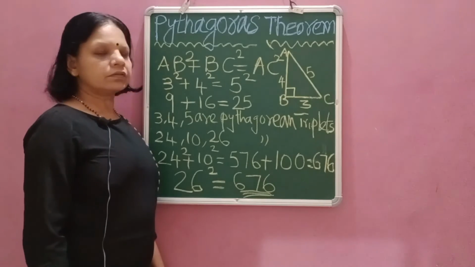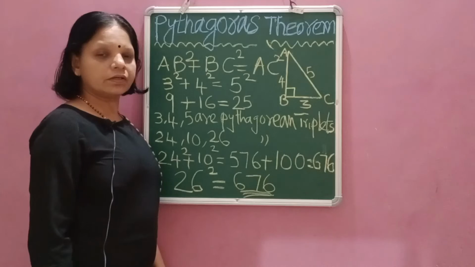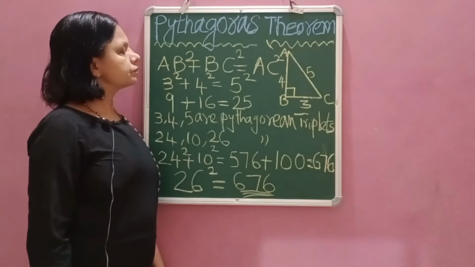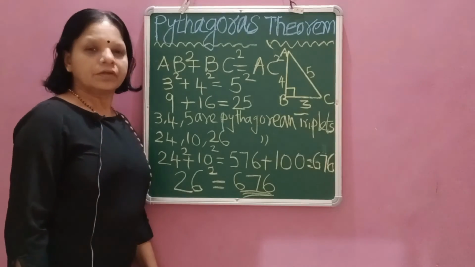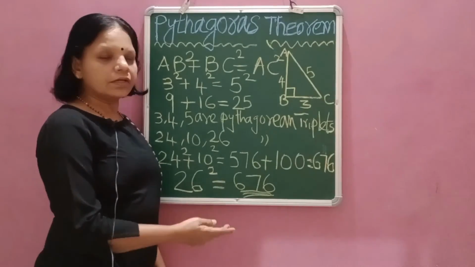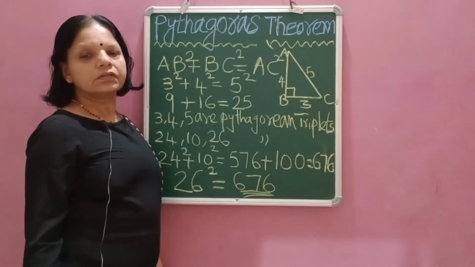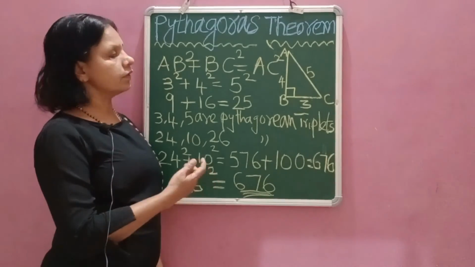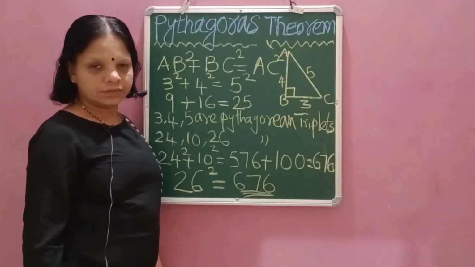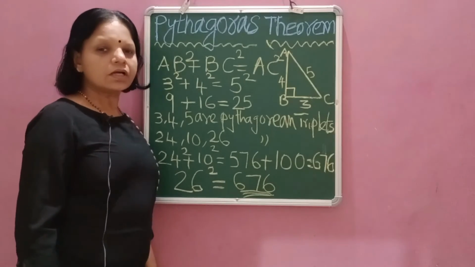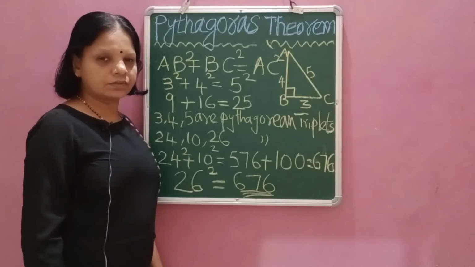So this Pythagoras theorem is very, very important. And if you know any two sides of a right angle triangle, you can find the third side using Pythagoras theorem. Understood what is Pythagoras theorem? It is only for right angle triangle. What is the theorem?